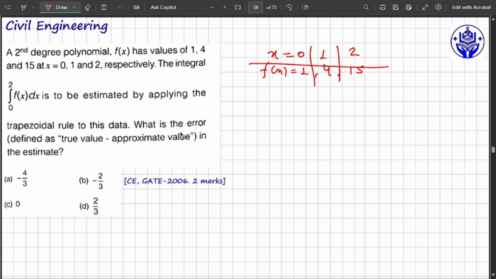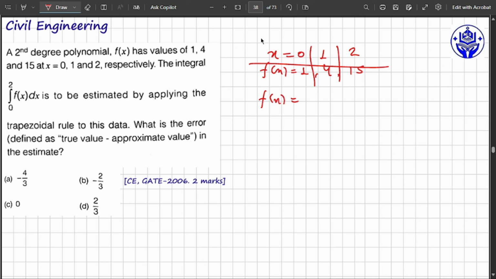You have to find the numerical result and the exact result. First of all, we should have f of x to find the exact value. The trapezoidal formula you can easily calculate.